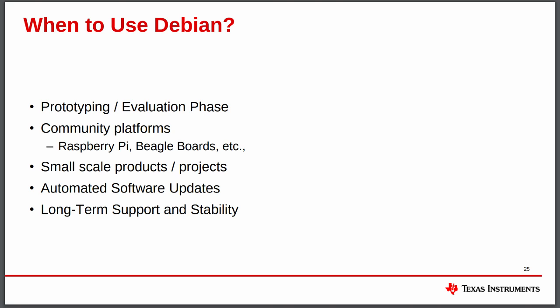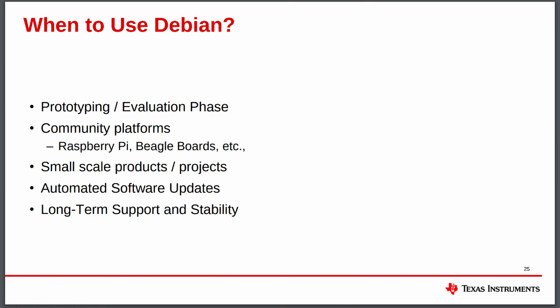And if you are using community platforms, Debian is definitely a very good choice, because they are well supported in the open source. When you have small scale products or projects, you don't have to waste time with Yocto, because all you need is already available in Debian. You don't need to start from scratch.